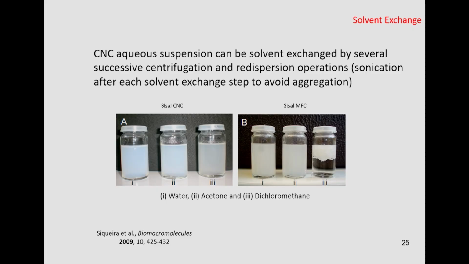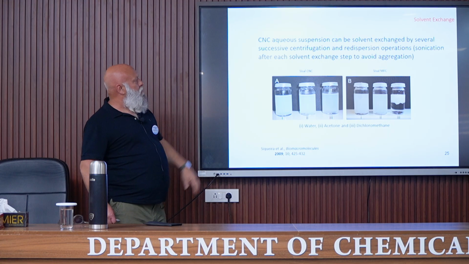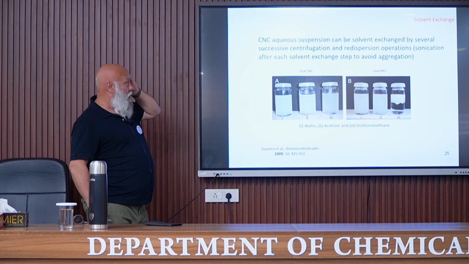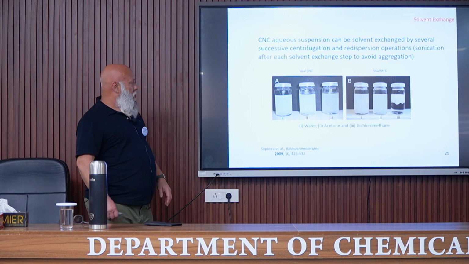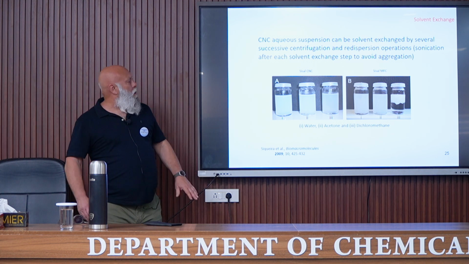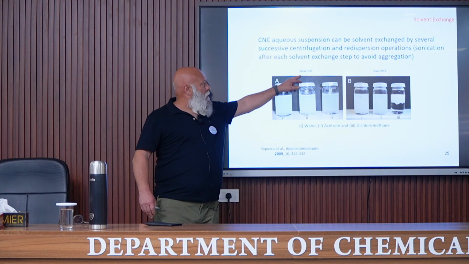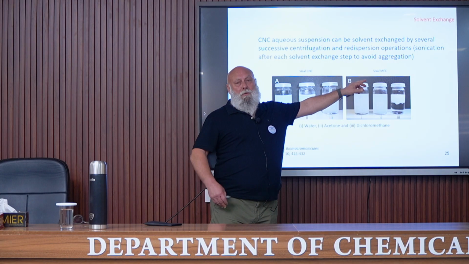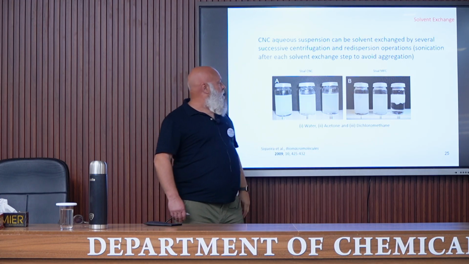Now regarding solvent exchange. So CNC aqueous suspension can be solvent exchanged by several successive centrifugation and redispersion operation with sonication after each solvent exchange to avoid the aggregation. Sometimes it works, sometimes not. You have an example here. Cellulose nanocrystals extracted from sisal, microfibrillated cellulose or cellulose nanofibril also from sisal.